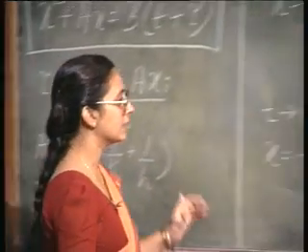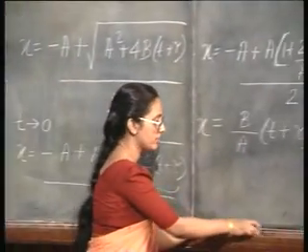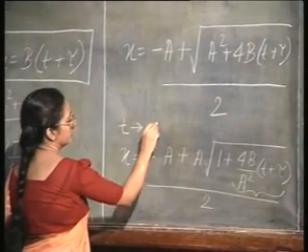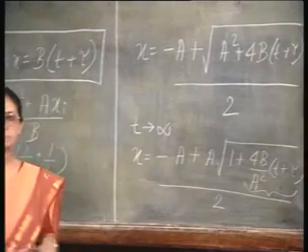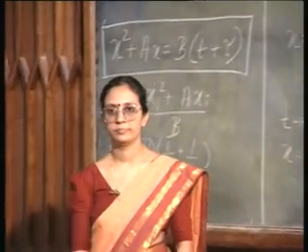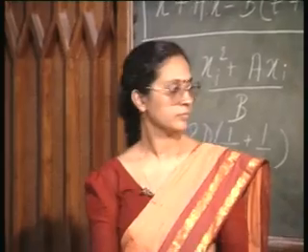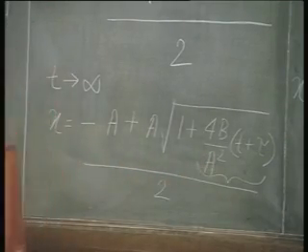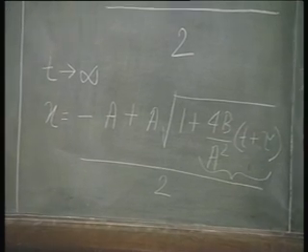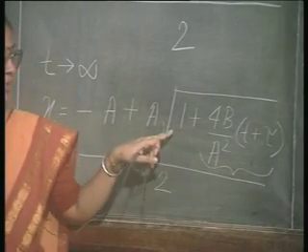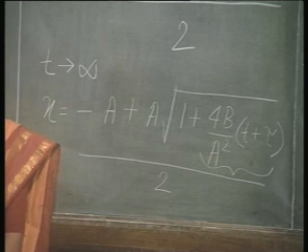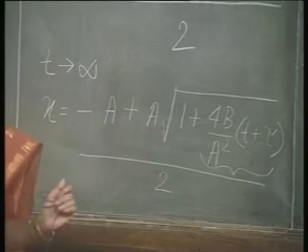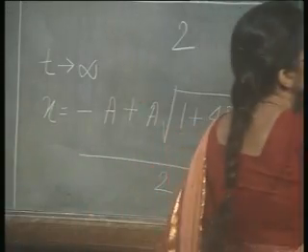Let us look at the other end of the spectrum. t is very large. Again, this term is very significant, but now the significance is that it is much greater than 1, so that the term under the square root can simply be approximated.